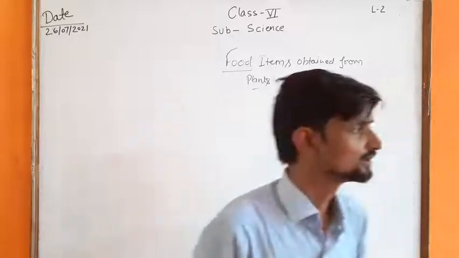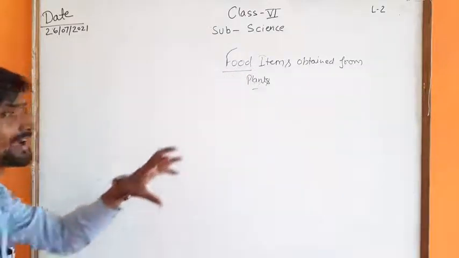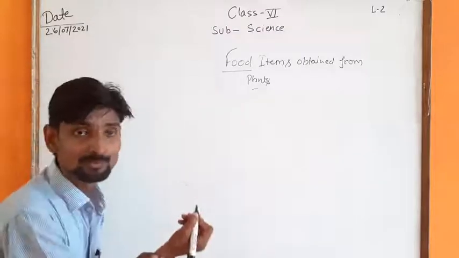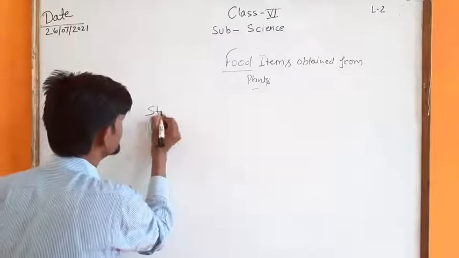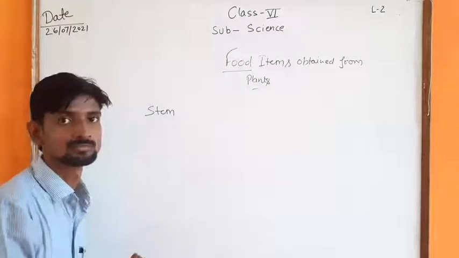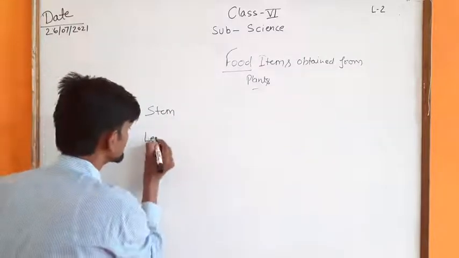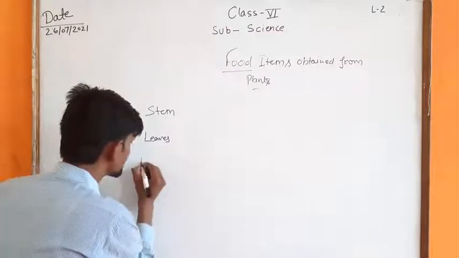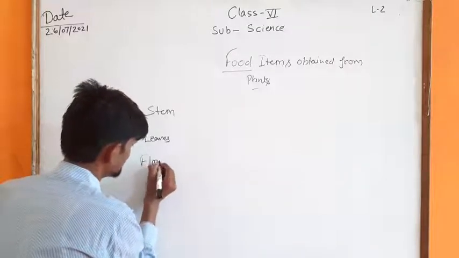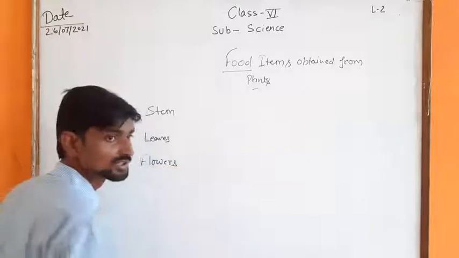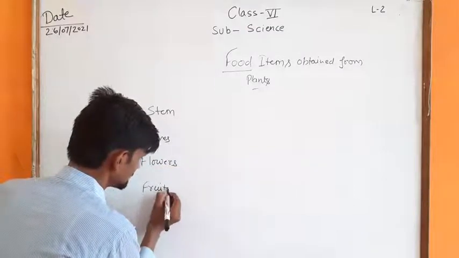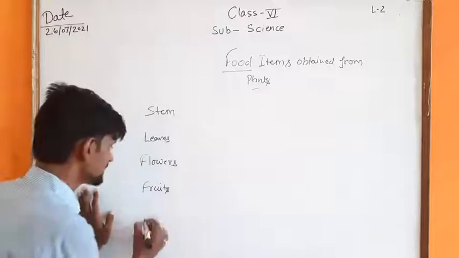First of all, we divide the plants into major parts. What are the parts of plants? The first one is stem, next leaves, next flowers, fruits and seed.